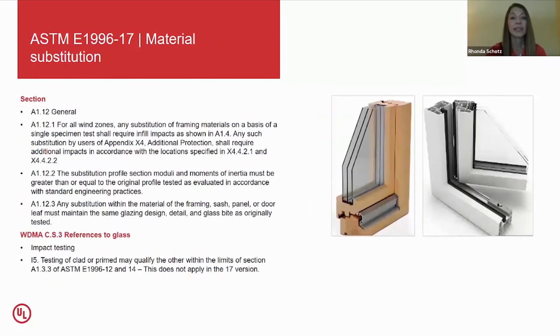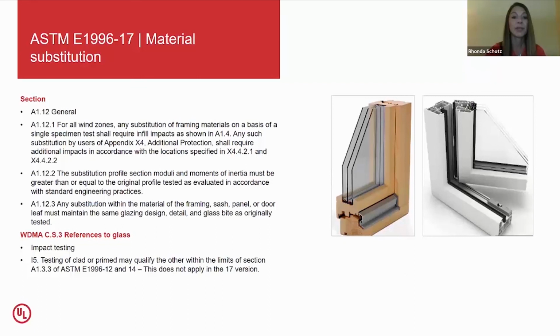This section of the ASTM E1996 talks about material substitution and what can be changed out without additional specimens. But of course, there are some rules that apply. Section A1.12.3, any substitution in the material of the framing, sash, panel, or door leaf must maintain the same glazing design, detail, and glass bite as originally tested.